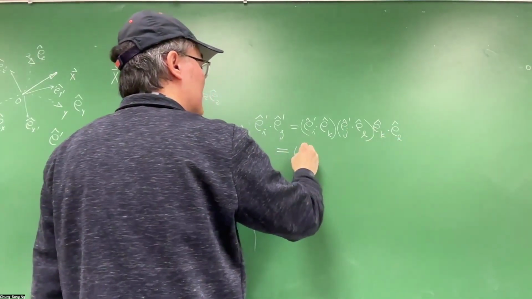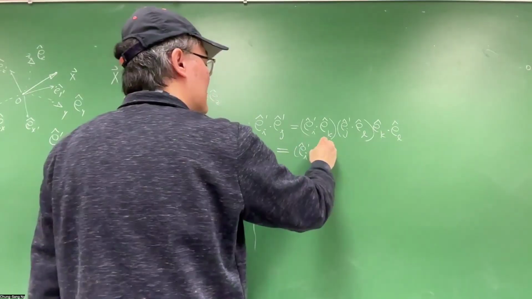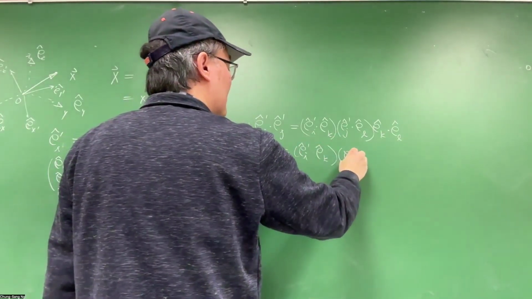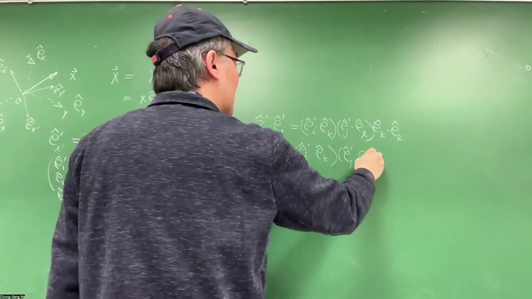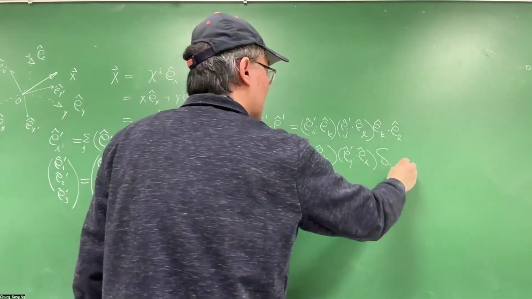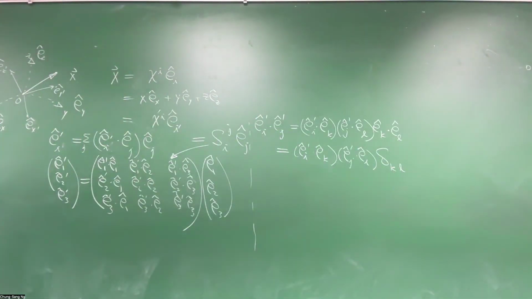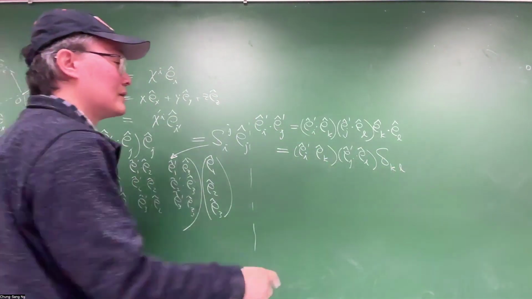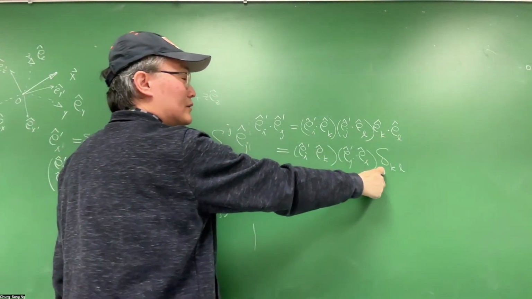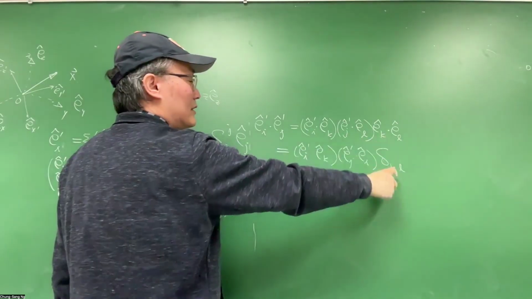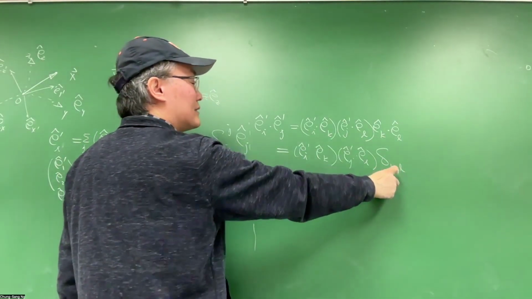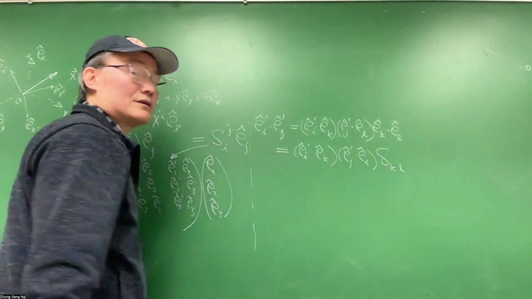So e_i' dot e_k and e_j' dot e_l is a Kronecker delta_kl. Because they are orthogonal, the Kronecker delta means it's only 1 if K equals L, and 0 if K does not equal L.